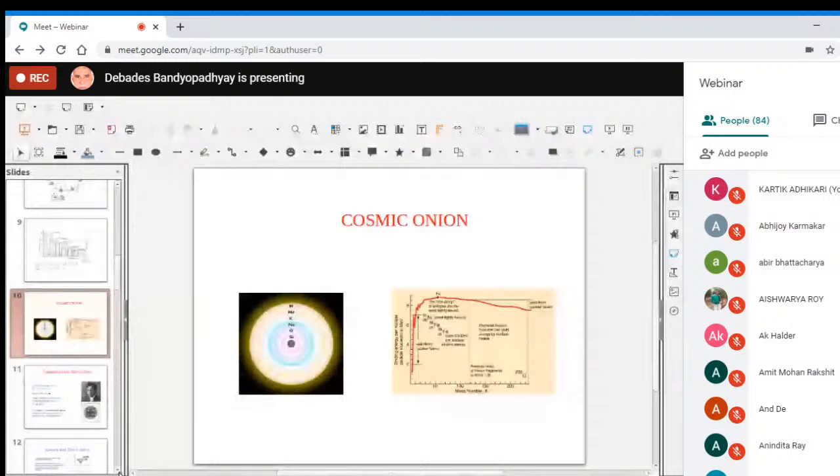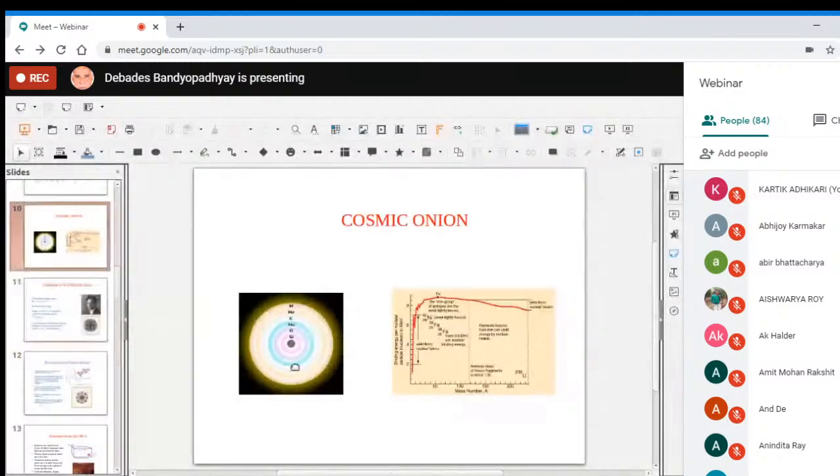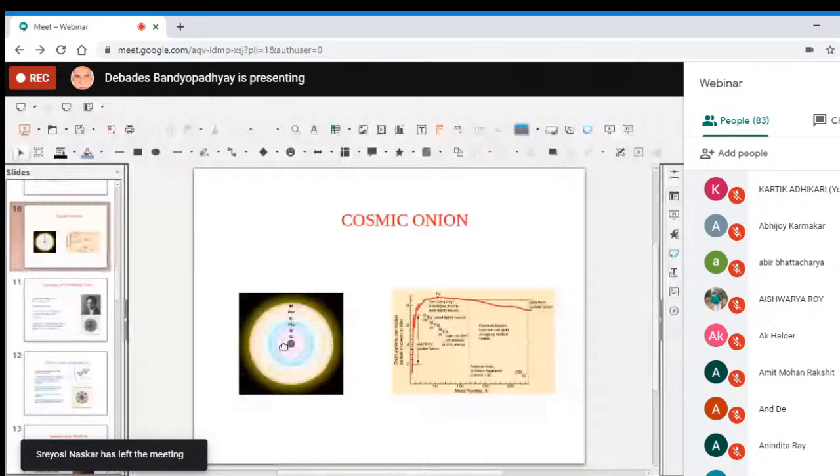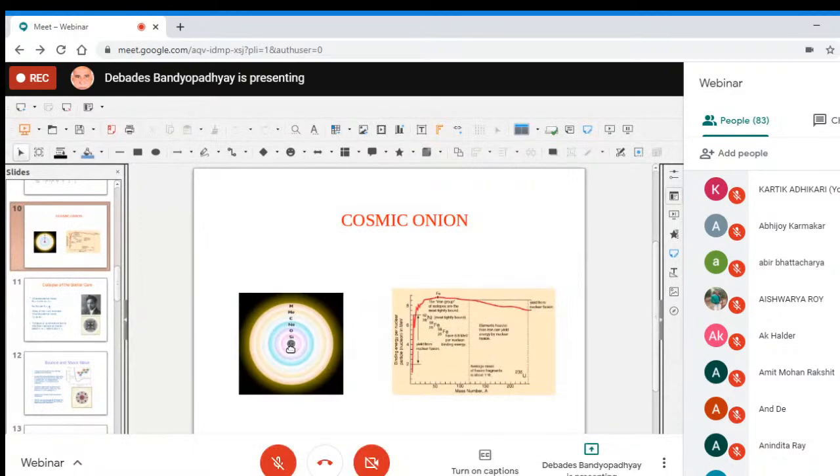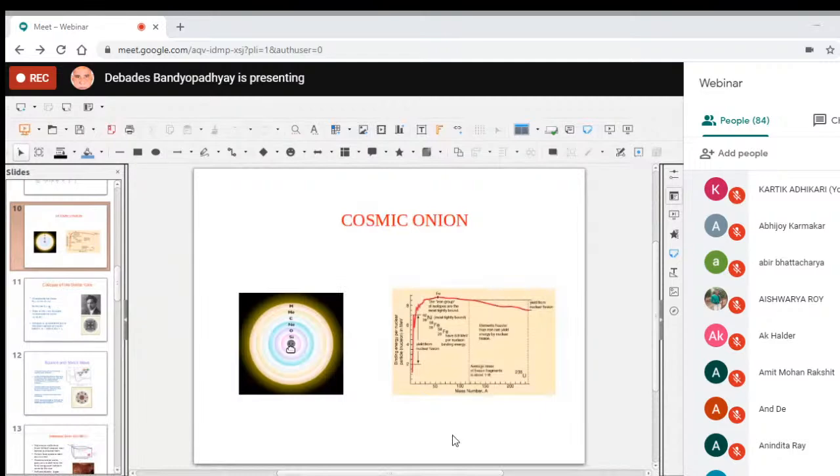it is how these various elements synthesized during these various burning stages are layered inside this iron. Not only iron nuclei, there are nickel, cobalt, etc. Those together are called iron group nuclei.